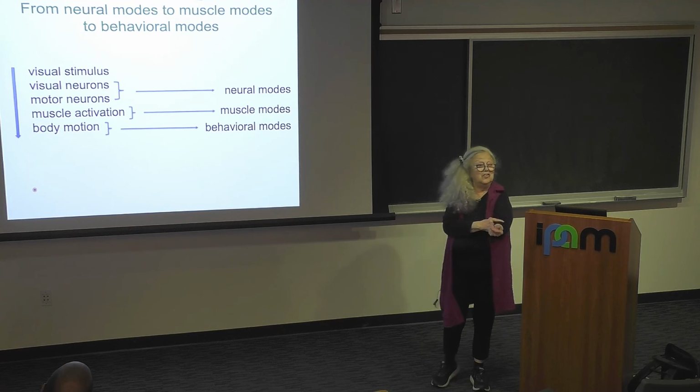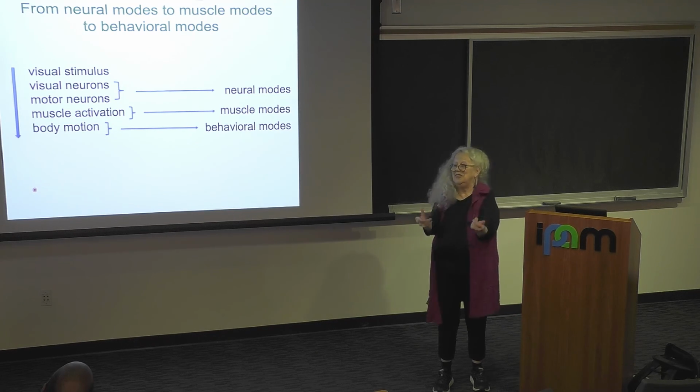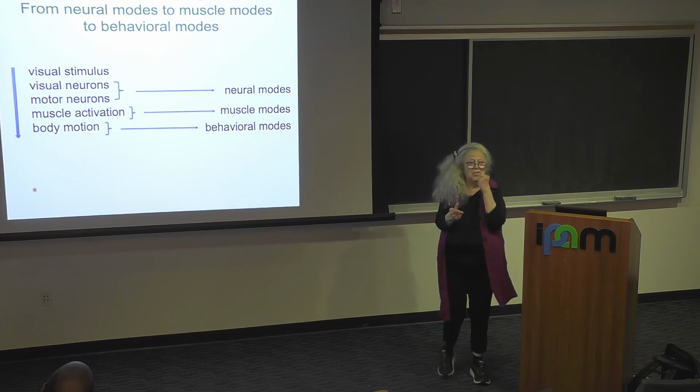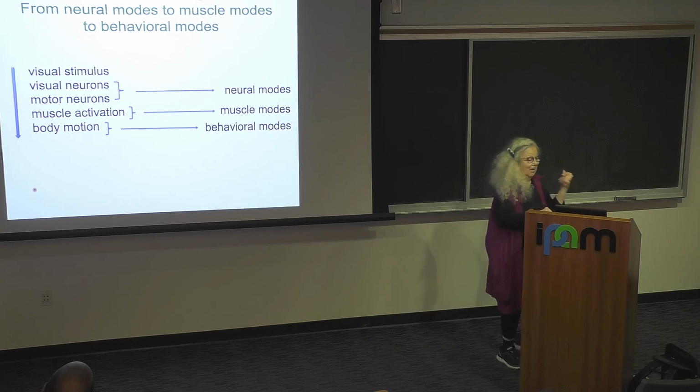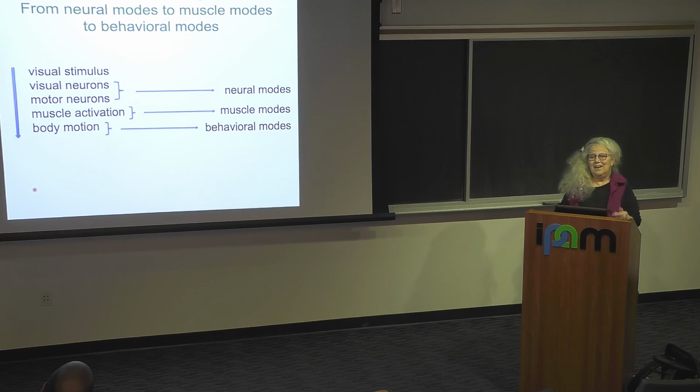That the muscle activations also have very strong correlations and can be described on the basis of a very few collective degrees of freedom that are called muscle modes. That's a very old notion called muscle synergies. And then, as you know from studies, for instance, on the fly, many of the patterns of behavior can also be decomposed in a small vocabulary, which is the vocabulary of behavioral modes.